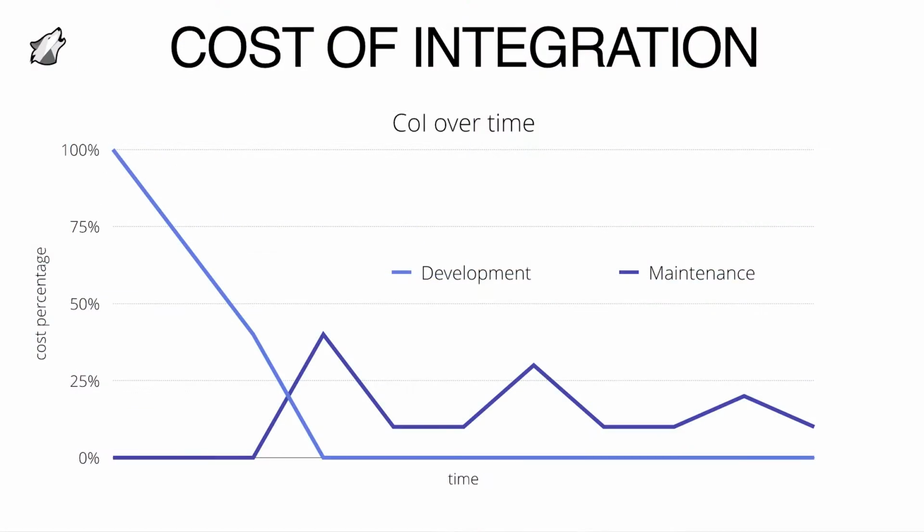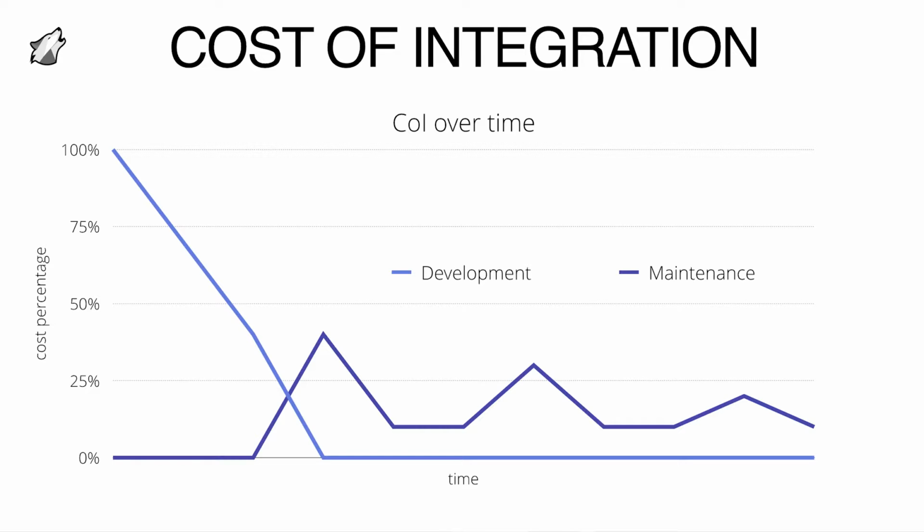So the second cost here is the cost of maintenance. And the maintenance starts at 0%, so it doesn't have any impact on the total cost. But over time, and right after the release, what happens is that you'll probably have bugs. So you'll need to spend time fixing those bugs.